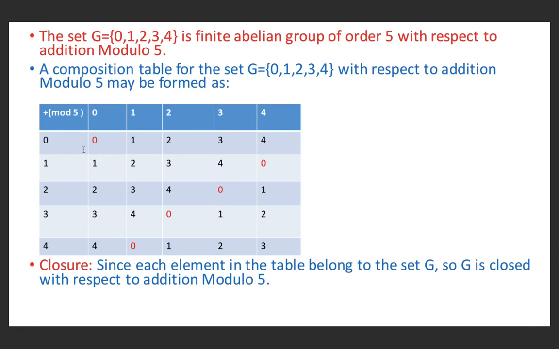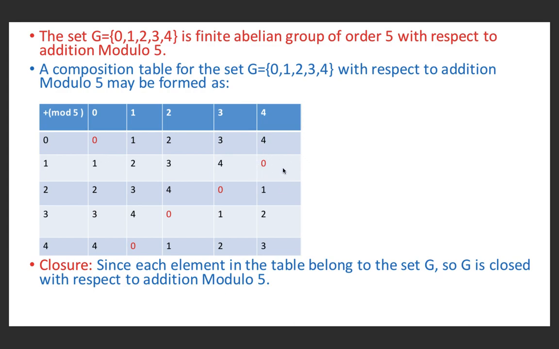So to find the inverse of 0, we see that 0 is in the first row and first column. The element above 0 in the top border row is 0. So the inverse of 0 is 0. To find the inverse of 1, we see that our identity element is in the last column.